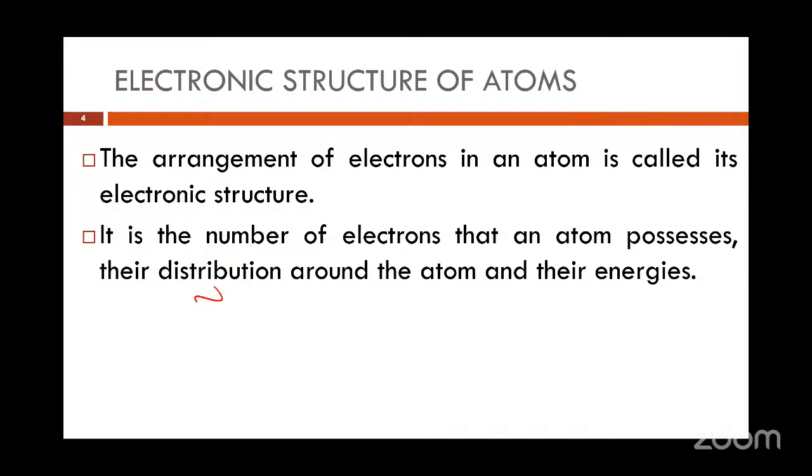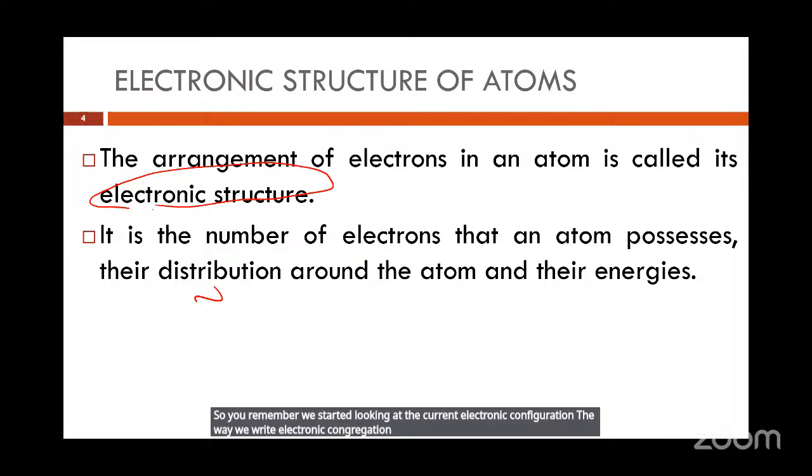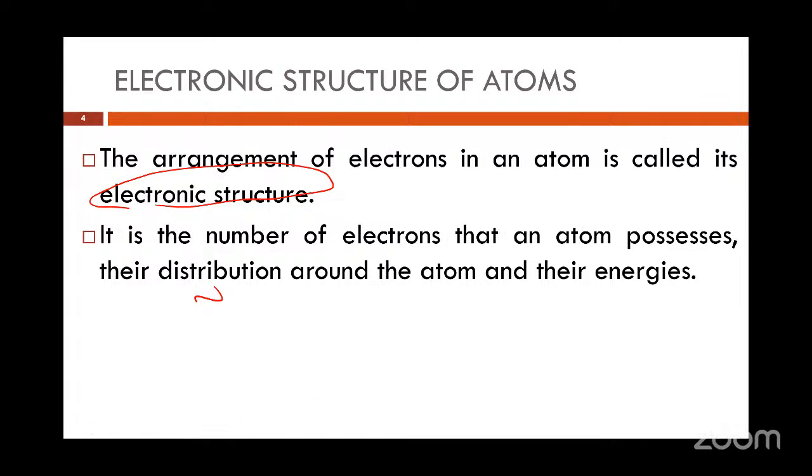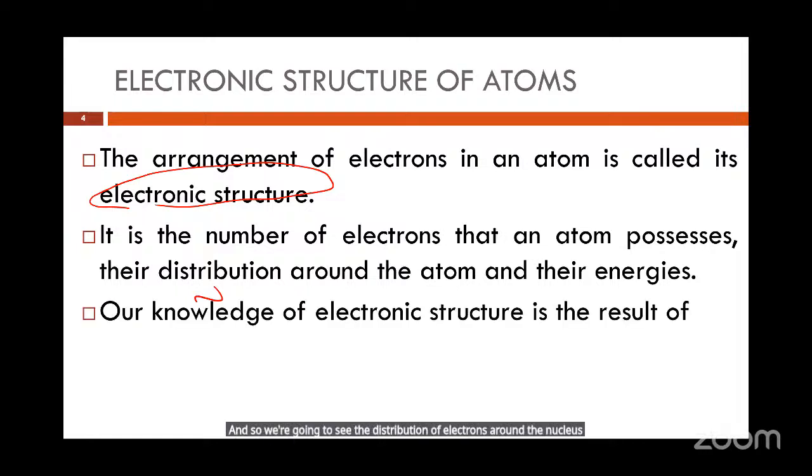So you remember we started looking at the current electronic configuration, the way we write electronic configuration that is different from the one you used to know. And so we're going to see the distribution of electrons around the nucleus with different energies.